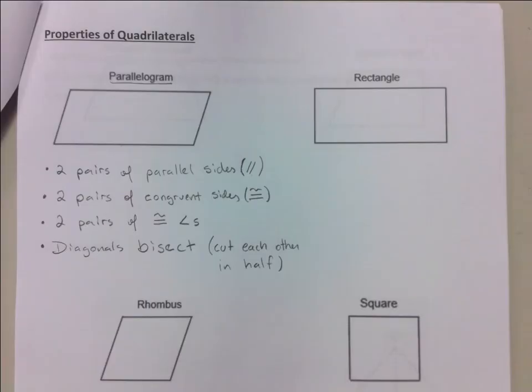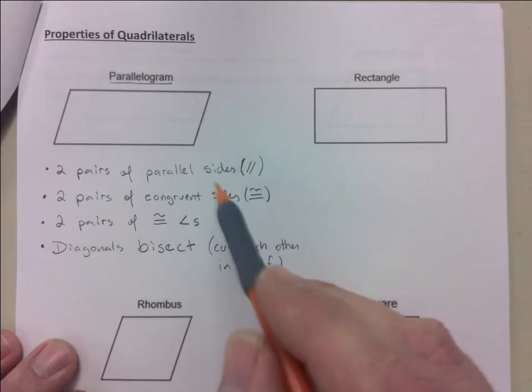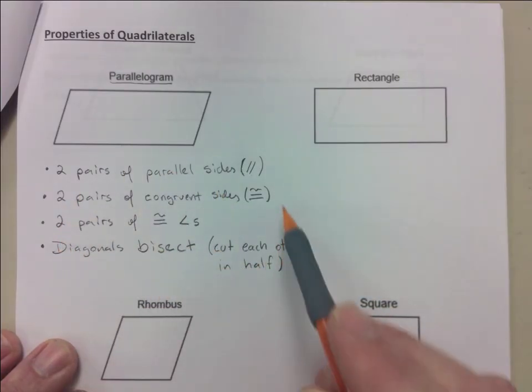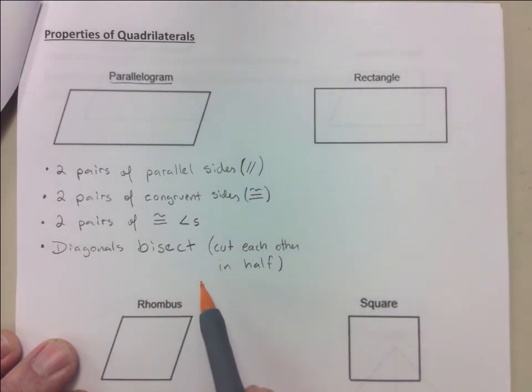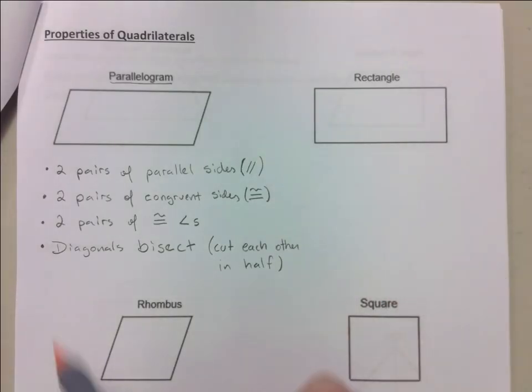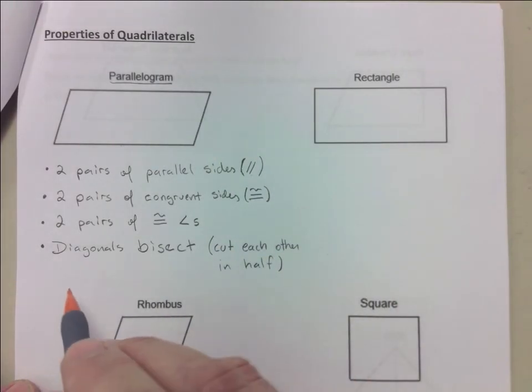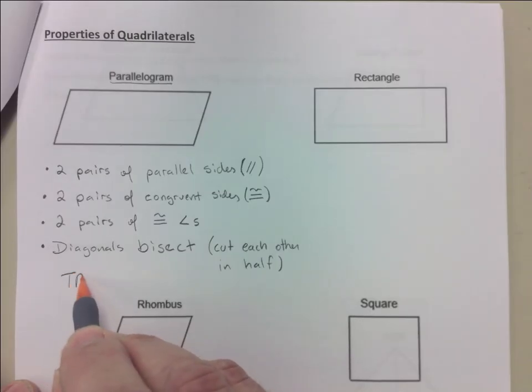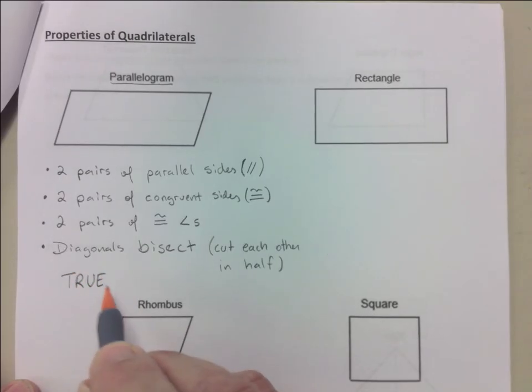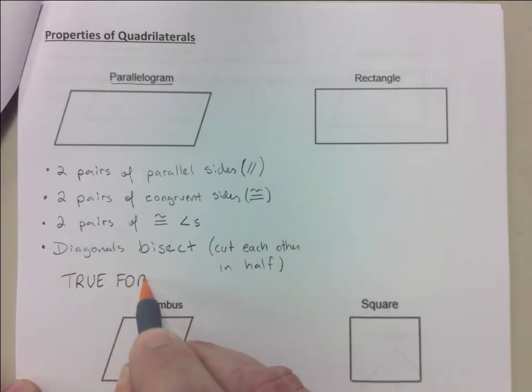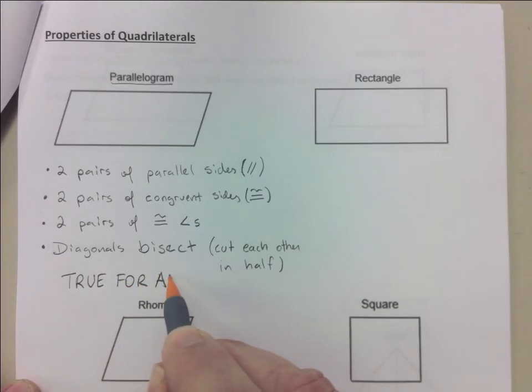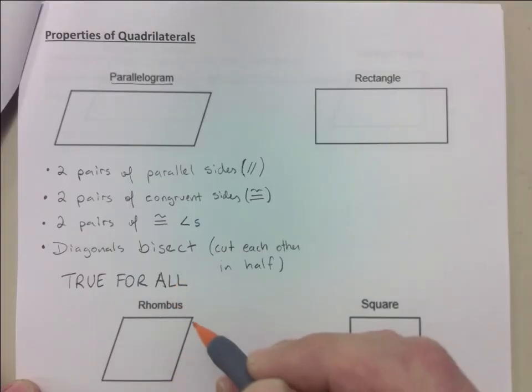Anyways, that's what I have to say about that. And this is something that makes a parallelogram. This is kind of like the OG of all these four that you see on this page. So this is true for all of these, okay? All four.